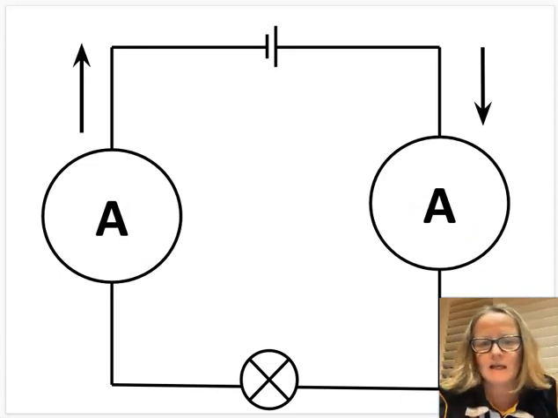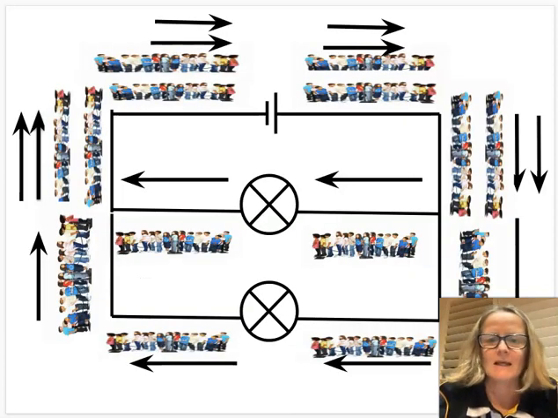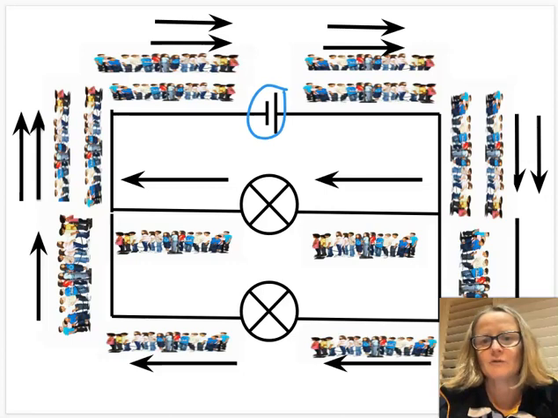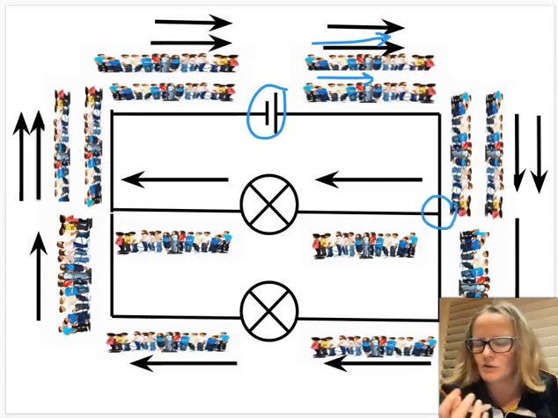We can look at slightly more complex circuits. Here we have two bulbs and they're connected in parallel, and you'll notice that at the top here we have a power source just like before, but this time we're pushing out two queues of children. As they go around the corner and reach this point here, there's a choice.